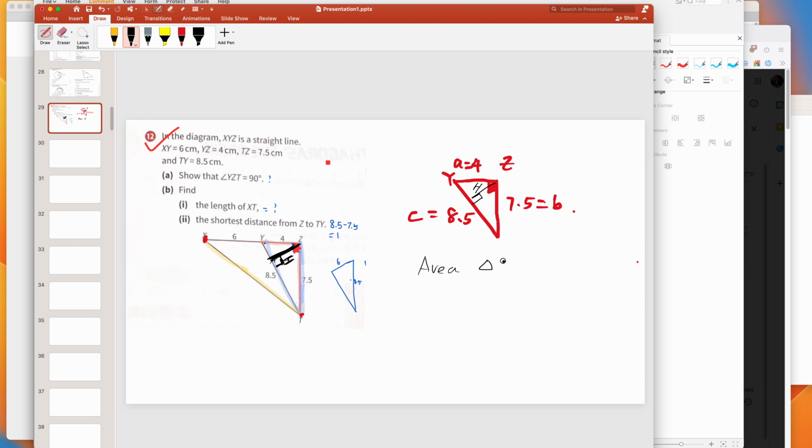Half times base times height. Okay, what is the base? 8.5. What's the height? If you look at 8.5 as the base, which one is the height?